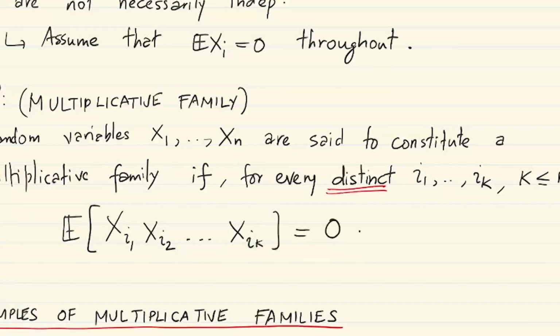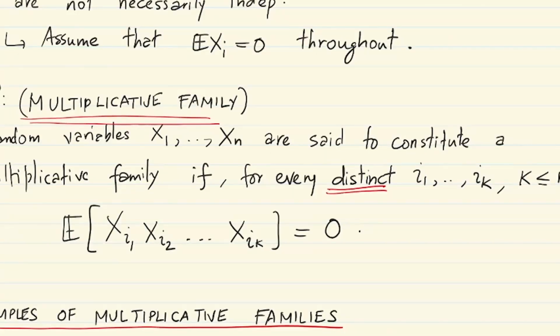So you take any subset of random variables from this bag of n random variables, and if you multiply them together and take their expectation, then the expectation is 0. This obviously means that each of them individually is zero mean, as a special case. So this is what it means for a bunch of random variables to form a multiplicative family.